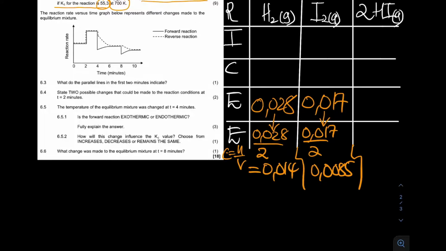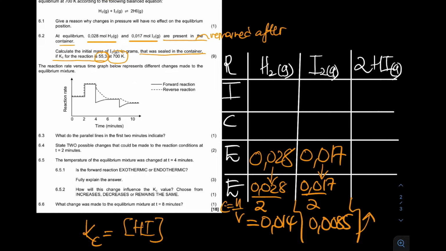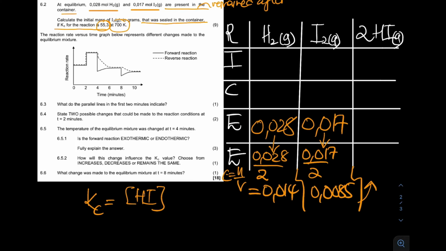Now that we have the concentrations at equilibrium and we have the Kc, that can assist us to calculate the concentration of the product, which is the hydrogen iodide, by using the Kc expression. We can say Kc is equal to the product, which is the hydrogen iodide, and there are 2 moles of hydrogen iodide, so we're going to have the square, divided by the hydrogen gas multiplied by the iodine gas. They all have 1 mole there.